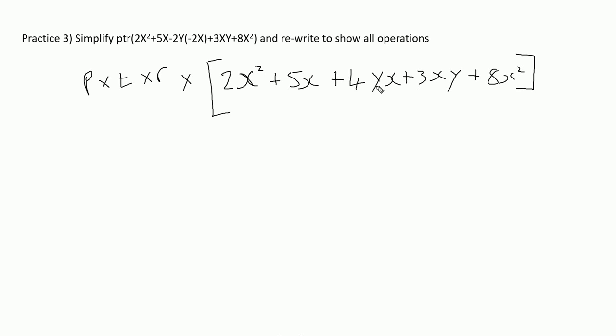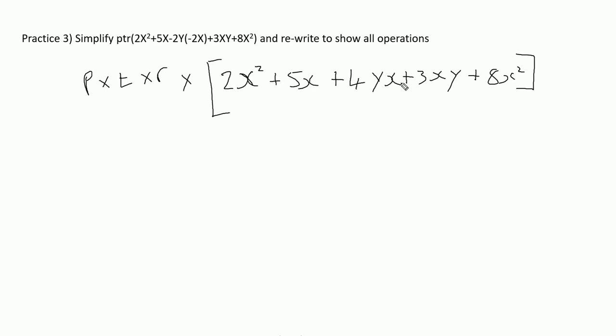Now it's important to notice that although this says yx and this says xy, of course the order of multiplication doesn't matter. 2 times 4 is the same as 4 times 2, for example. So here we can say that y times x is the same as x times y. So although these are written in different orders and may look different, these are in fact the same. These are like terms.